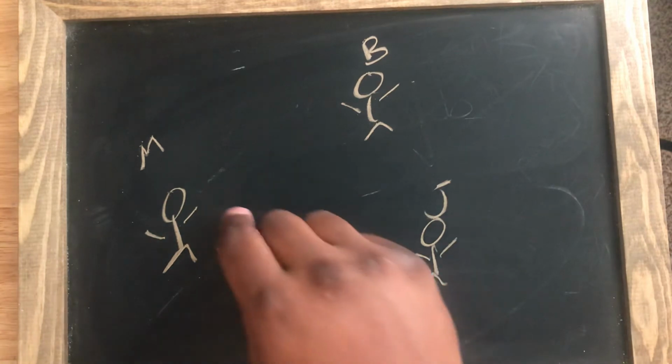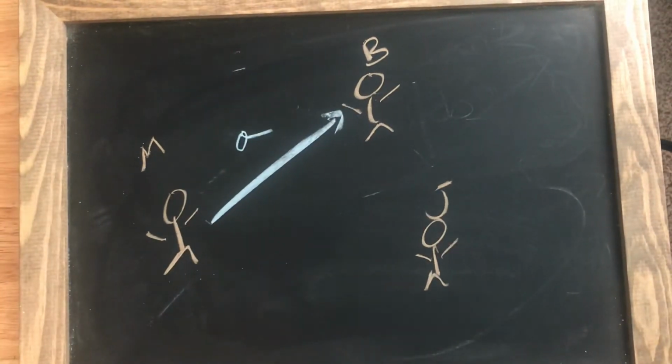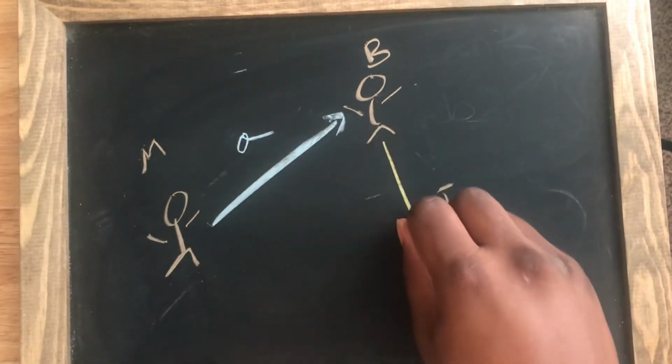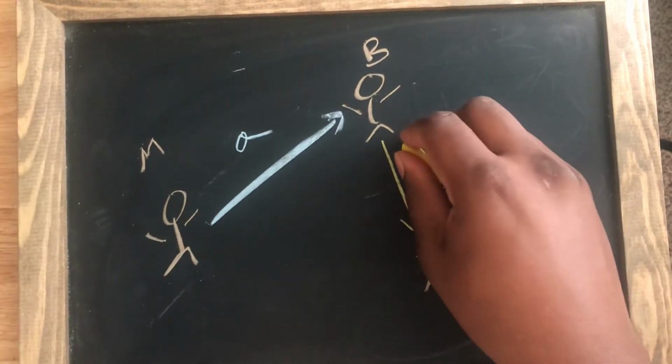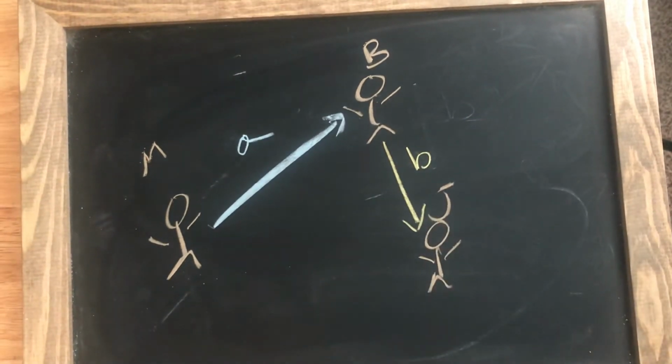The vector to get from my house to Billy's house is A. The vector to get from Billy's house to John's house is vector B. My question to you is, what is A plus B?